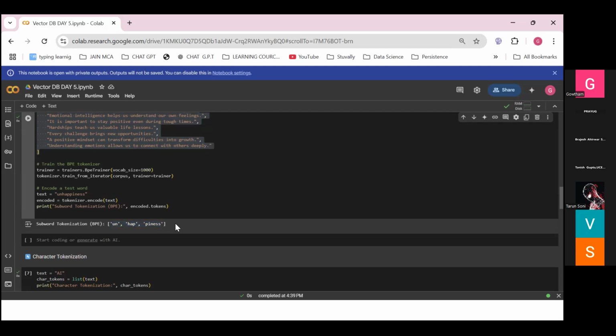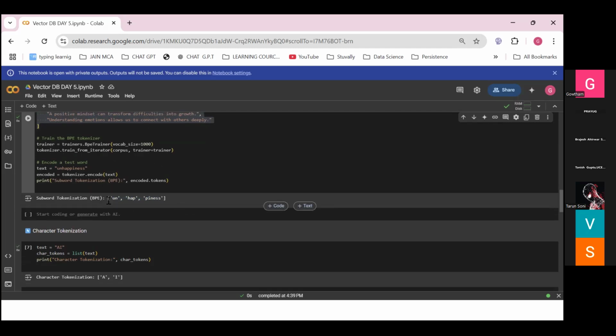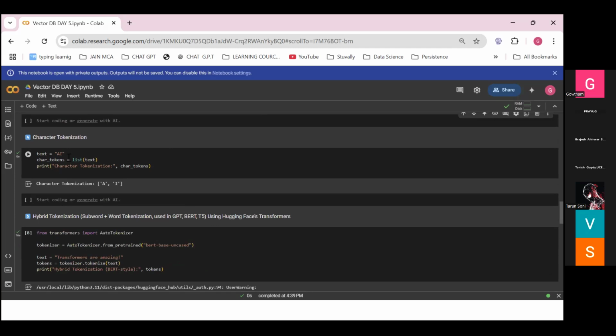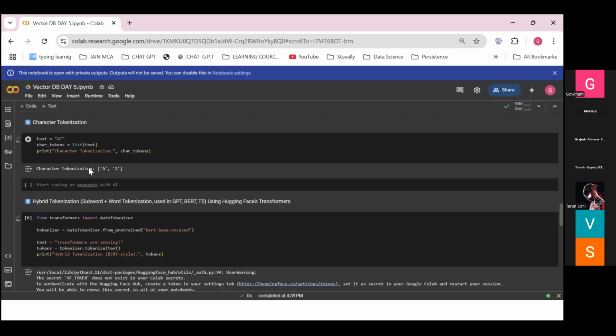So your model is not so capable, and you have to give more words and do the training well so that your model understands these kinds of words. And this is nothing but AI. As we saw, even when you split on the basis of characters, your model will assume a different meaning. The A and I on their own have no meaning.